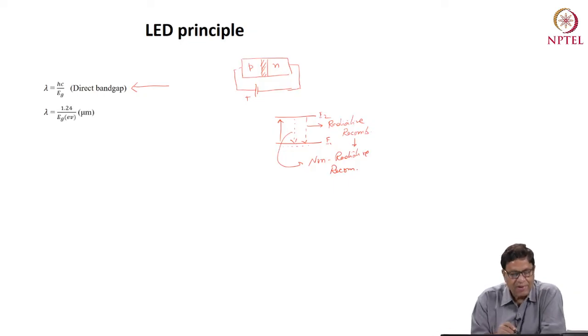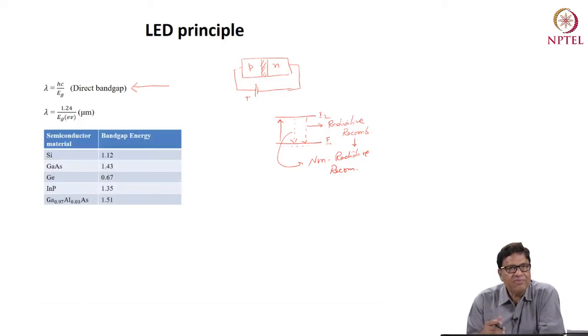And if I put the value of Planck's constant and the value of c here, then the lambda is actually 1.24 divided by Eg, and this Eg is in electron volts, so the units are important here. So you have to put the value of Eg in electron volts, and then the wavelength which you get using this expression will be in micrometers. So the lambda which is emitted is equal to 1.24 divided by Eg in electron volts, and the wavelength is in micrometers.